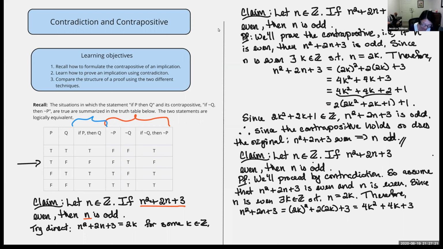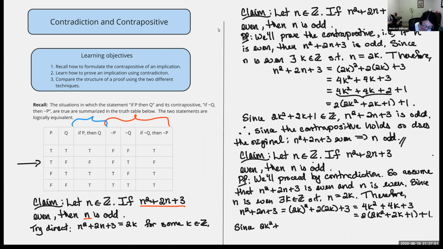Well, I'm not going to redo all of the algebra, but because it's exactly the same quantity as before, this is going to be 2 times 2k squared plus 2k plus 1, plus 1.